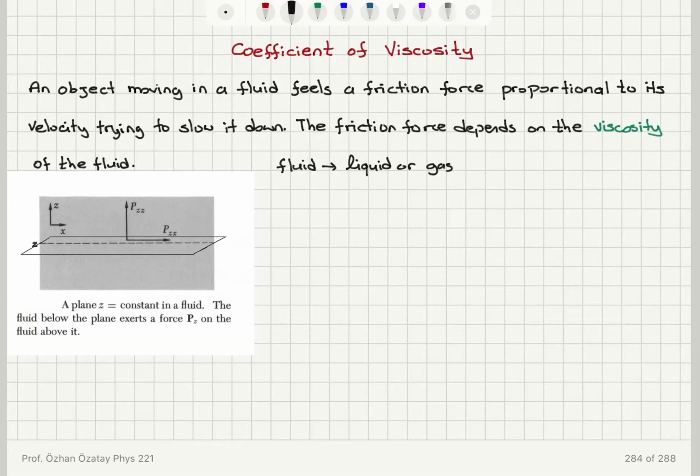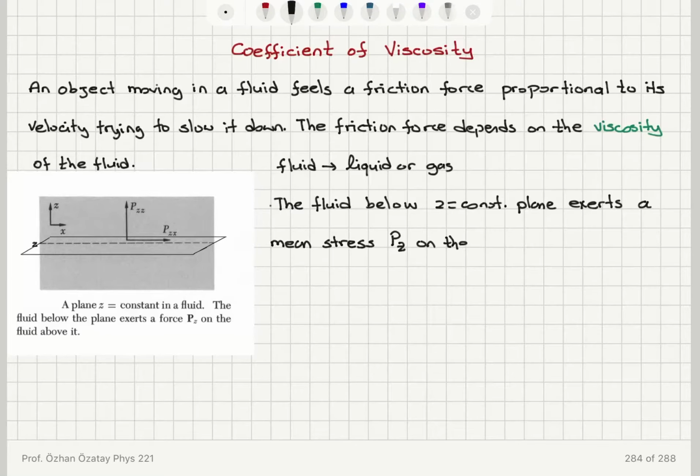So the fluid below z is equal to a constant plane exerts a mean stress, that is force per area, Pz, on the fluid above, and the fluid above also exerts a mean stress minus Pz on the fluid below.